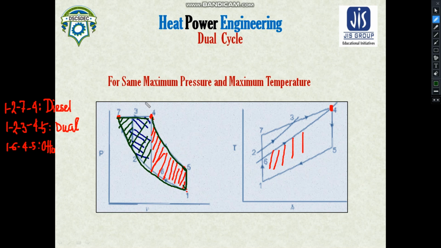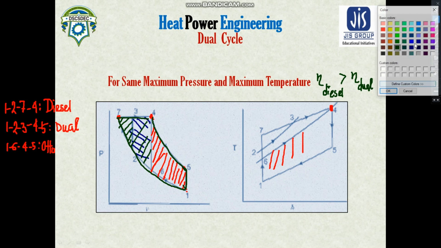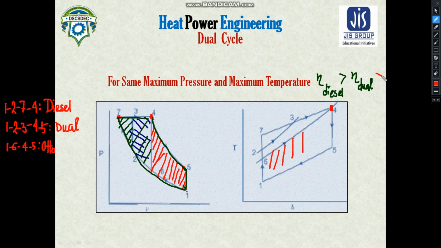So for the same maximum pressure and maximum temperature, what happens? Eta diesel gets the first place. Diesel is the champion over here. So eta diesel is greater than eta dual, and ultimately the loser is auto. Eta diesel is greater than eta dual, greater than eta auto.